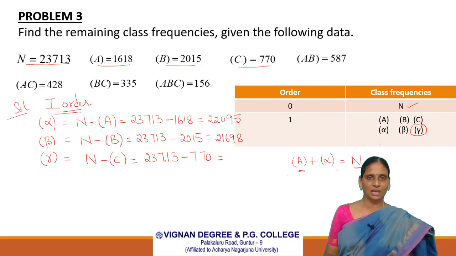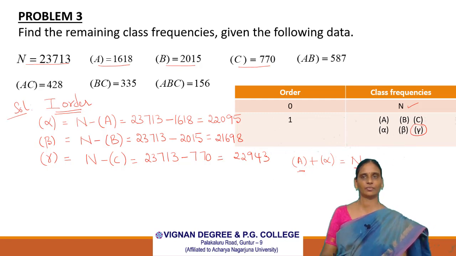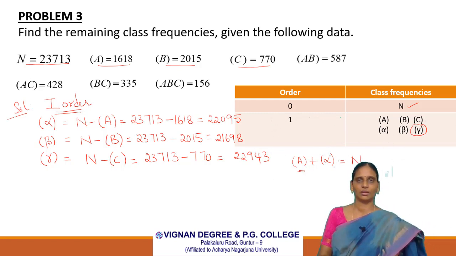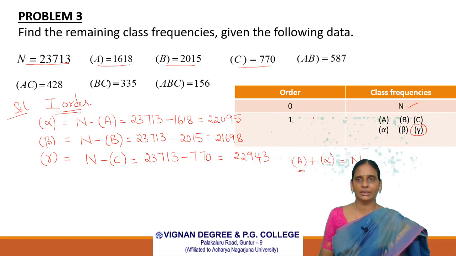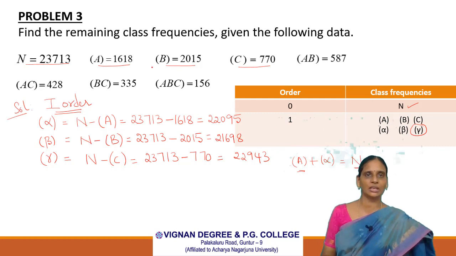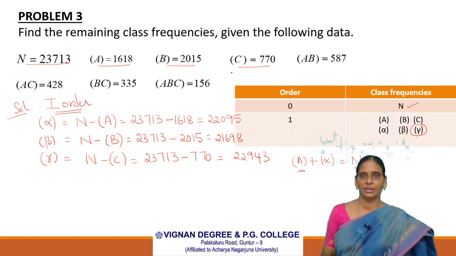Now after subtraction we get the value of gamma is 22,943. In the first order, frequency of A, frequency of B, frequency of C values are given in the problem, and the remaining class frequencies we have calculated.